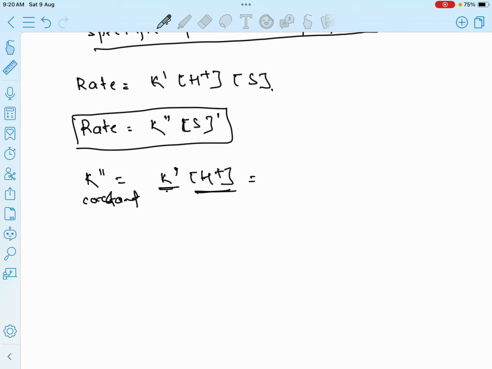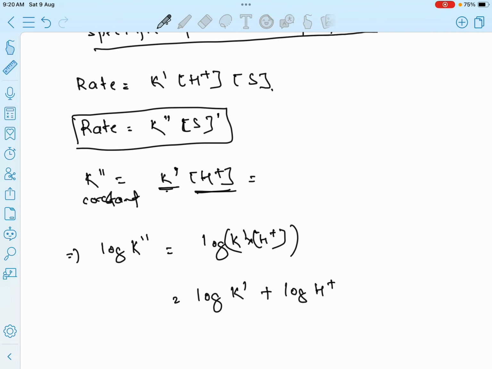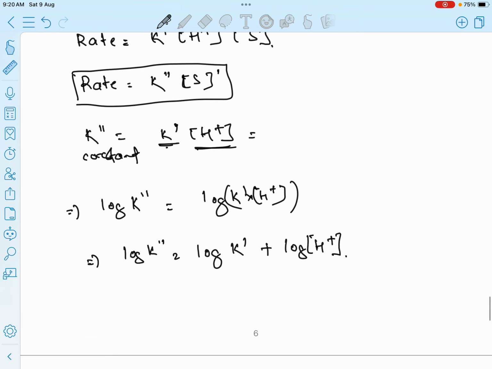Let us take log on both sides. So log of K double dash is equal to log of K dash into H plus ion concentration, and log of A into B is log A plus log B. See what I am doing, I am just multiplying by minus, and that will not change anything.